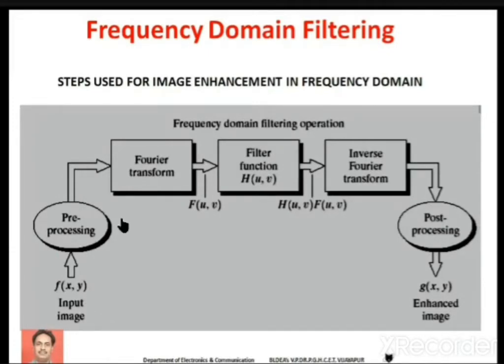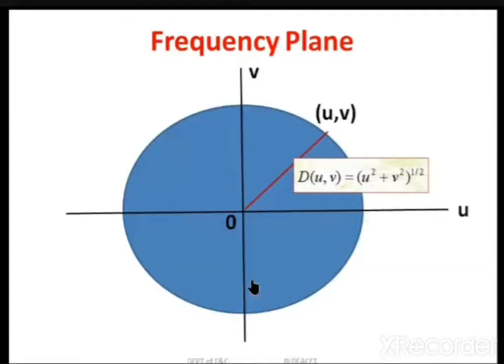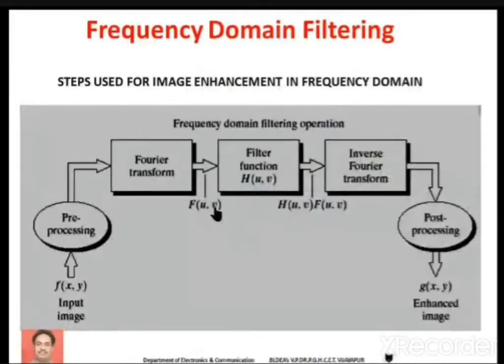On that result, we apply the Fourier transform, and we get capital F of u comma v. F of u comma v is the Fourier transform of the input image.